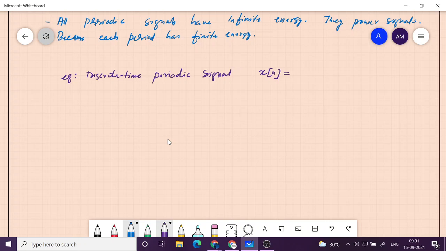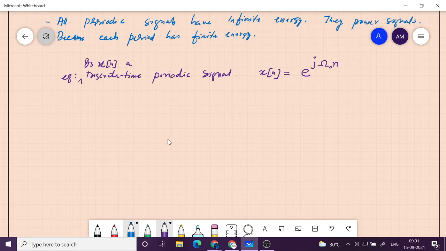So let's say x of n is equal to e raised to j omega 0 n. So this is the definition. Now the question is whether this signal is periodic, a discrete time periodic signal. I'll pose it as a question: is x of n a discrete time periodic signal?